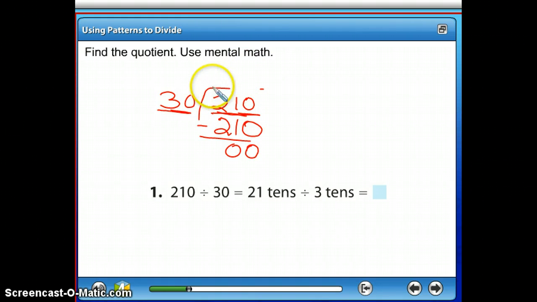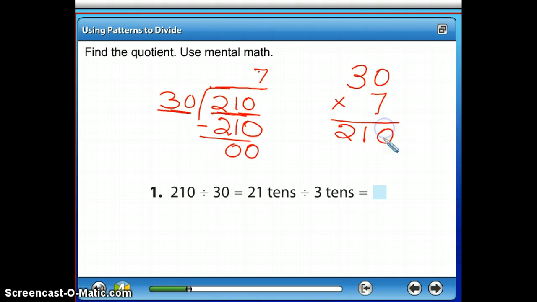My mistake is that I put it over the tens place. I should put it over the 0 and the 1s, because my 3 goes into 21, but 30 goes into 210 7 times. And then we can check and say 30 times 7. Not gonna worry about that 0 until the end.